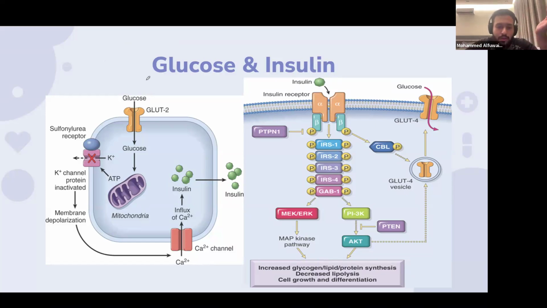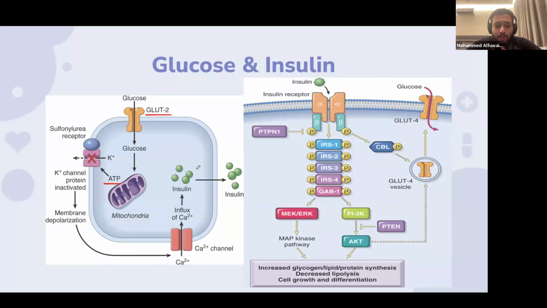So this glucose will go to the pancreas, to the beta cell, and go into the cell through GLUT2 transporters. Through glycolysis, TCA cycle, and beta oxidation, you'll have ATP. Now, what will this ATP do? It will inhibit the potassium channels.